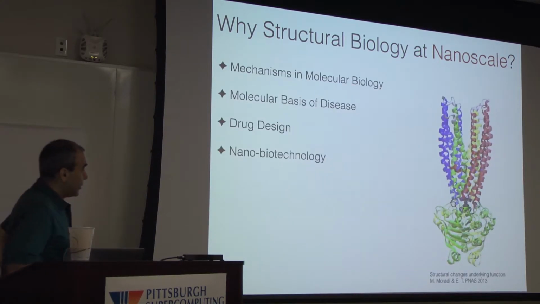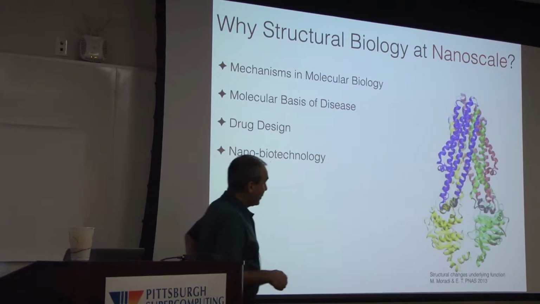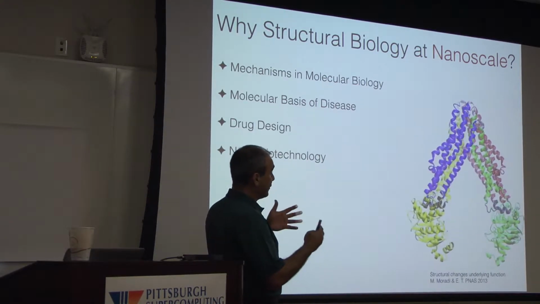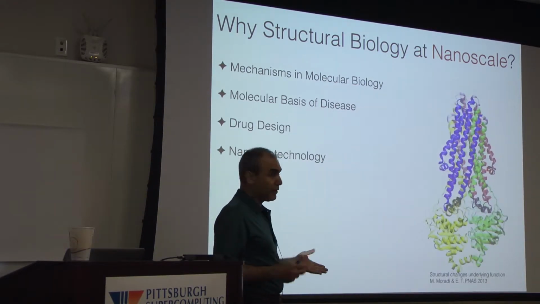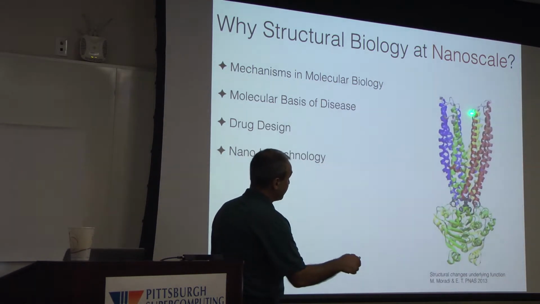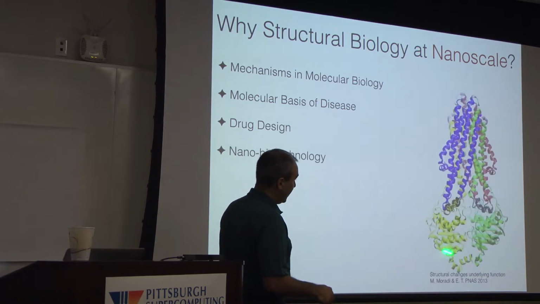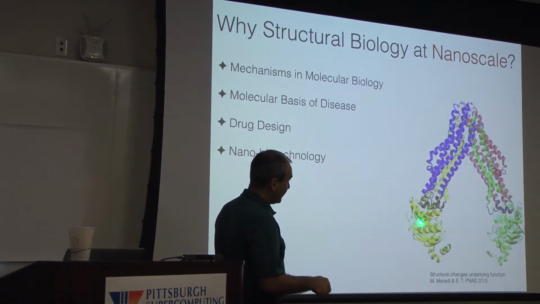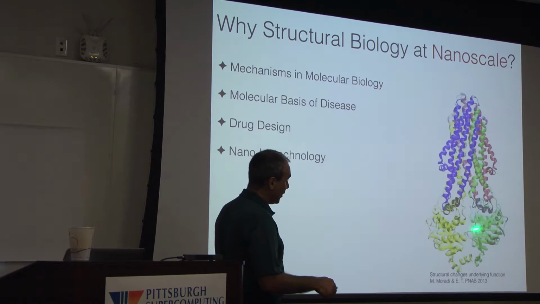So here is another example. Again, this protein you're looking at, you can see it undergoes very large conformational changes. This is a transporter. It is sitting in the membrane, and here are the ATP binding sites where ATP binds and hydrolyzes.